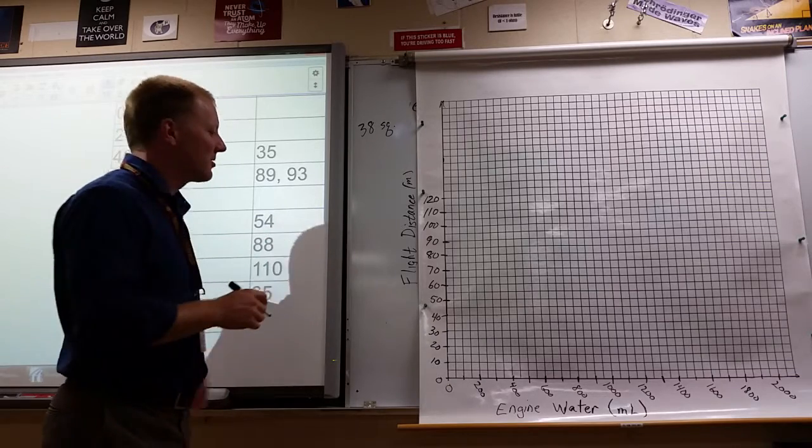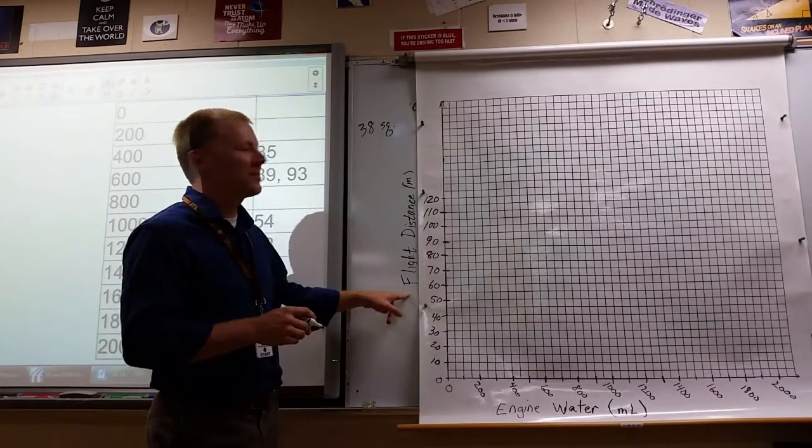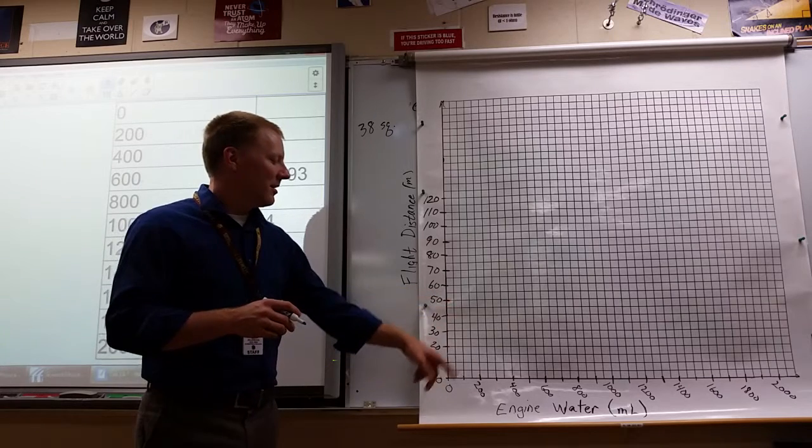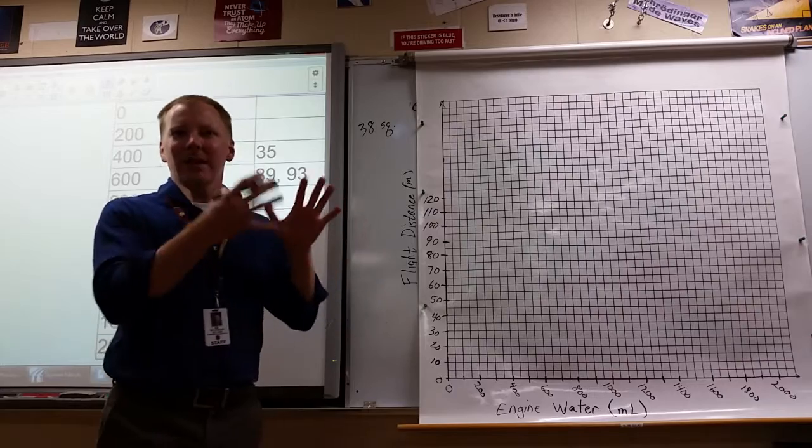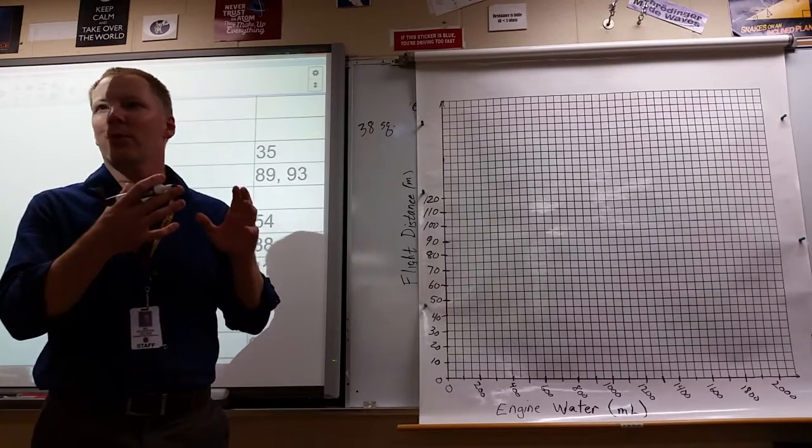So for ours, since we were testing the flight distance of water rockets compared to how much water we had in the engine, we can condense that a little, but it should include those points.